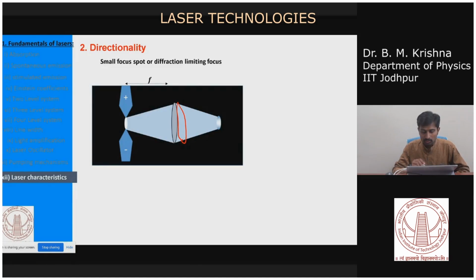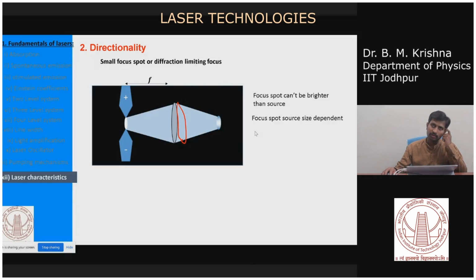When you focus it, you cannot get a higher intensity beam than your source, and similarly your focal spot is source size dependent. Whatever source size you take, you cannot focus to less than that. For example, if you have a 5 mm source or 10 mm source, you can only focus to that size, so the focus is completely source dependent. That is the conventional source.